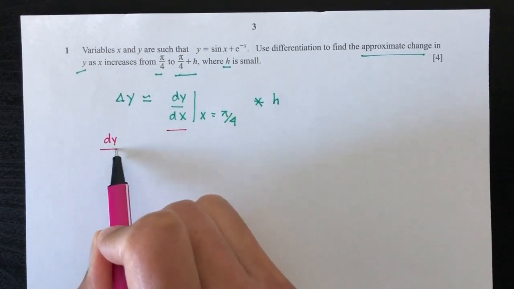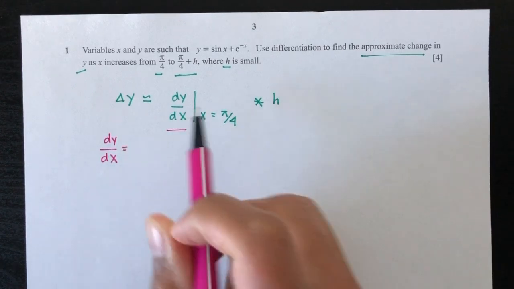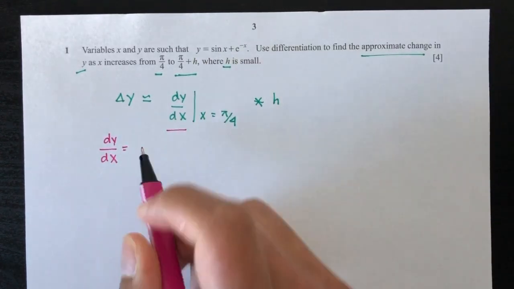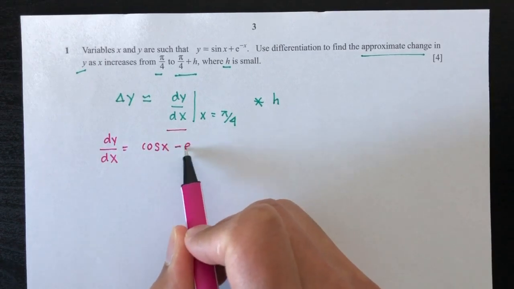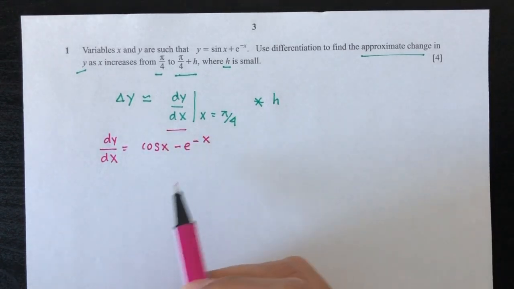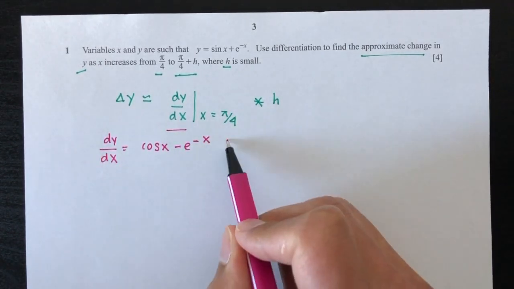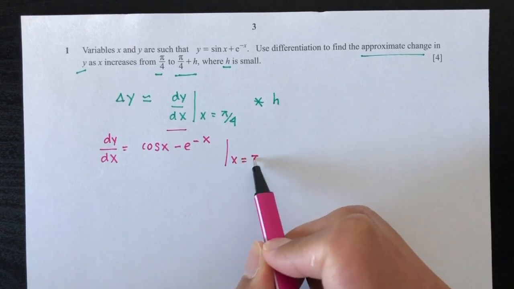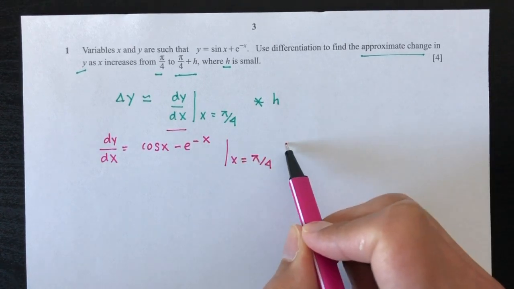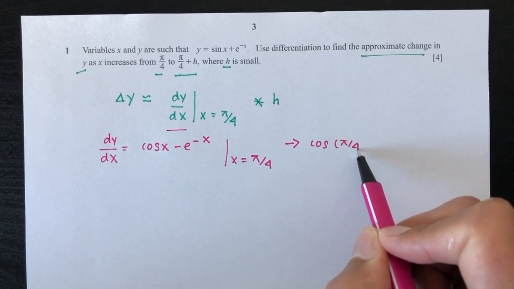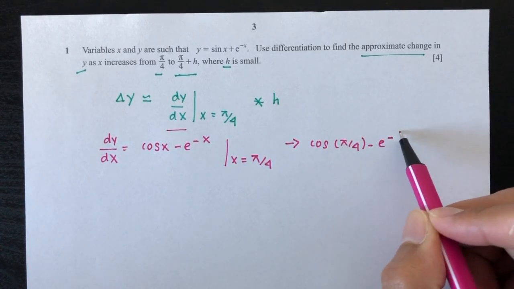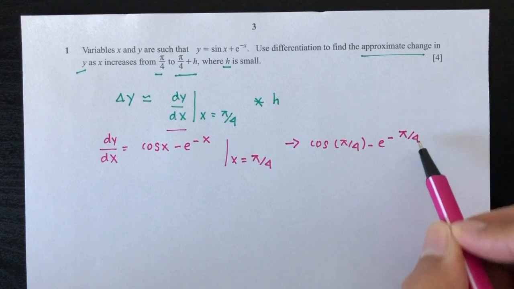So dy by dx will be, we have y as this, so dy by dx will be cos x minus e to the power of minus x. Now find the value of this when x equals pi by 4. That will become cos pi by 4 minus e to the power of minus pi by 4.